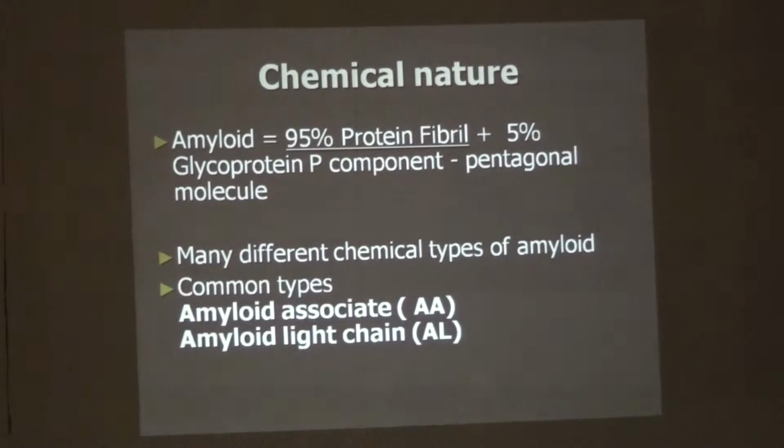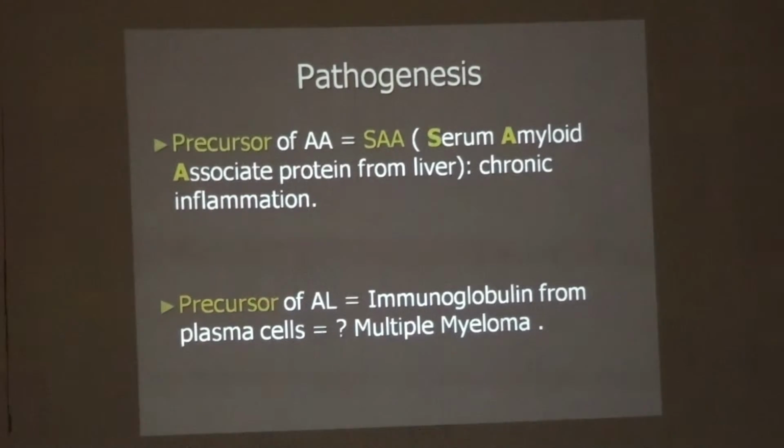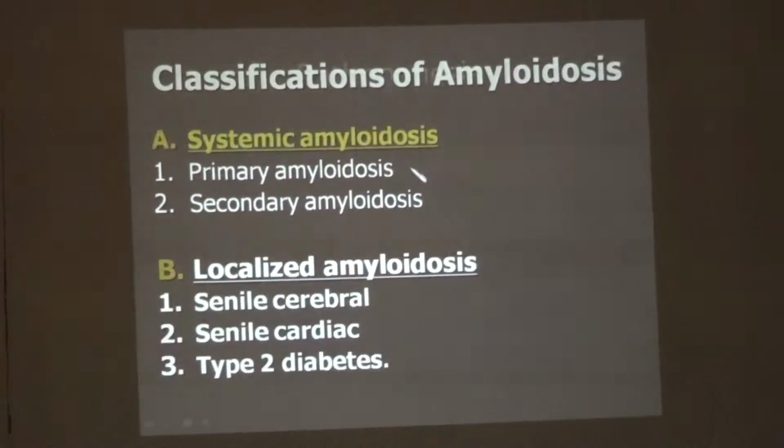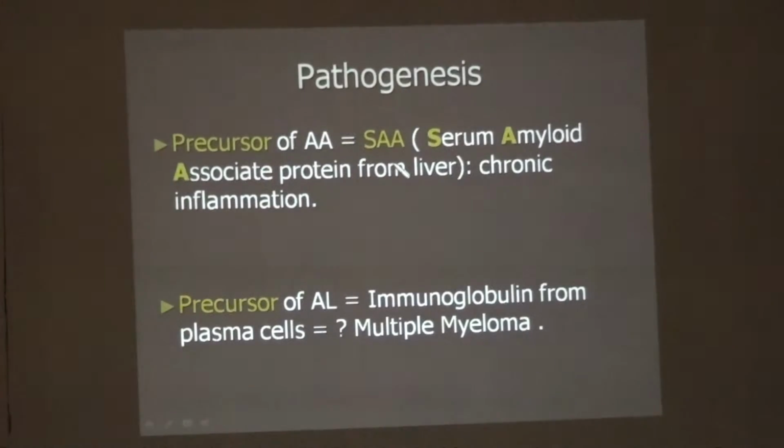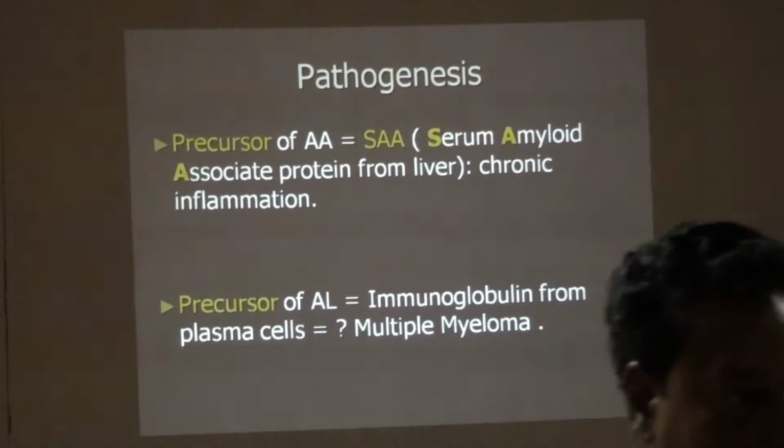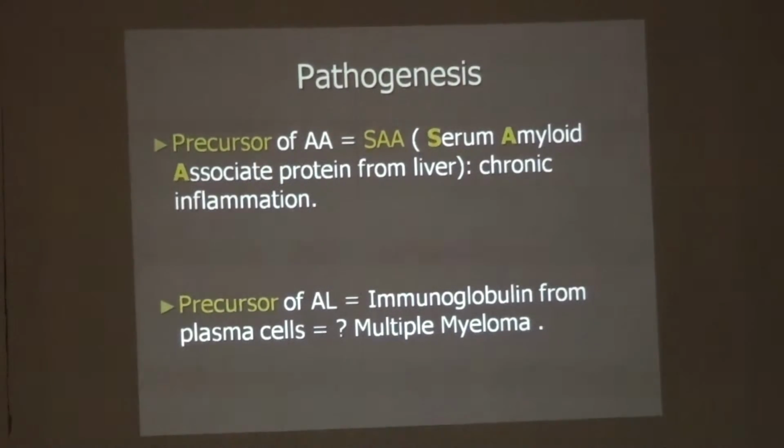There are mainly varieties: primary and secondary. The primary is amyloid light chain, the immunoglobulin light chain, and the associated one, the secondary cause, is amyloid AA. The third variety is the familial group, AF. The precursor of AA is serum amyloid associated protein from the liver, seen in chronic inflammation or chronic infection, such as tuberculosis and other diseases.